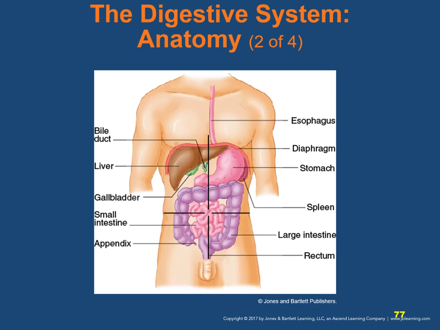So right upper quadrant is RUQ, left upper quadrant is LUQ, right lower quadrant is RLQ, and the left lower quadrant is LLQ. And again, these quadrants refer to the patient's right and left. The small intestine, pancreas, large intestine, and urinary bladder lie in more than one quadrant. The kidneys and pancreas lie behind the abdominal cavity and are not included in the body cavity itself.